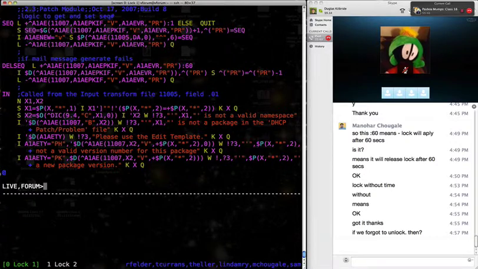What's important to understand for you in your MUMPS programming career is that you need to be able to read how locks work, because when you actually get to use them, that doesn't happen very often, actually. All righty, a good question, Manohar. I'm so glad you asked that question because I almost forgot to mention it.